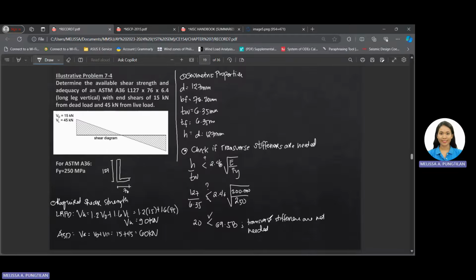Okay, so since wala tayong transverse stiffeners, the tension field action is not permitted. Okay, also, tension field action is not permitted.